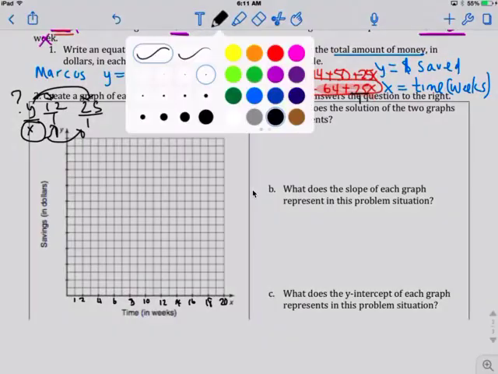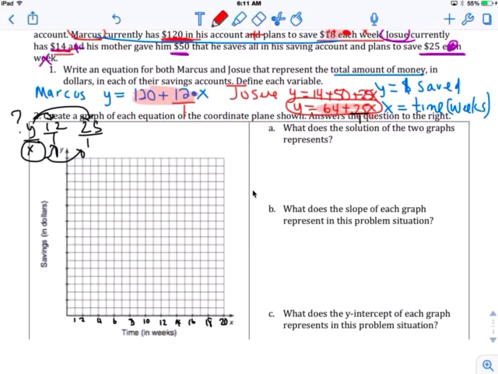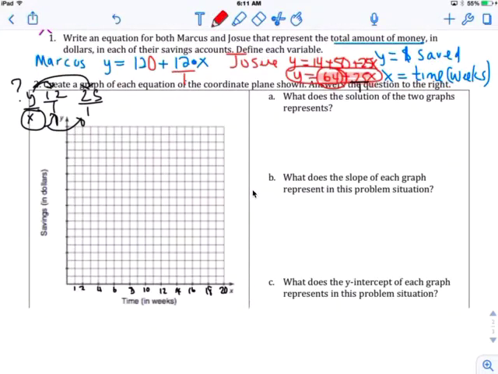So let's see. In the beginning, we know Marcus has more. He has 120 because the y-intercept is at 120 and 64. So when will Josue have more? We want to see if 20 is a good number to number by.